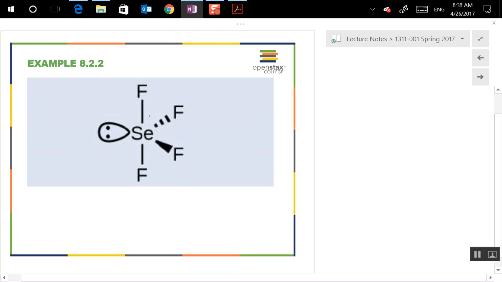So what is the hybridization of this molecule? Of this selenium in this molecule? That's what I should say. How many sigma bonds do I have there?